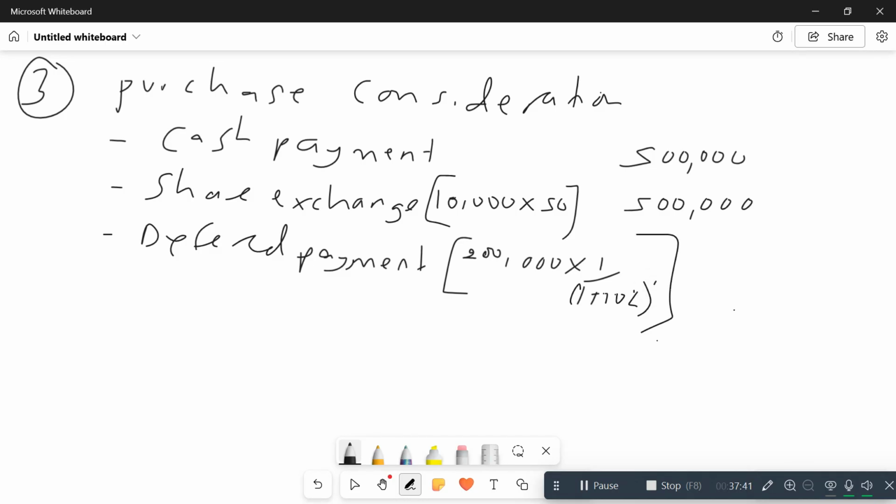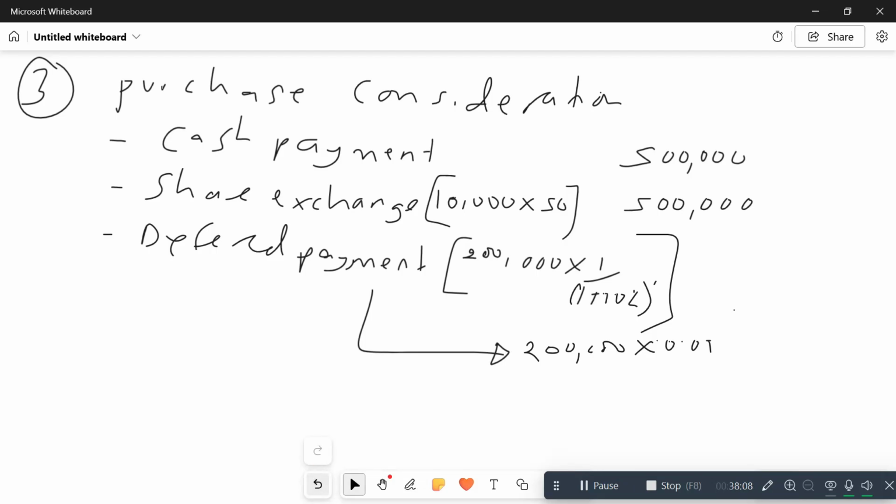If I bring it here as well, you'll get 200,000 times 0.09. Let me confirm here. It is 0.1, of course, 1 divided by 1.1. Yes, I'm right. It is 0.9090.